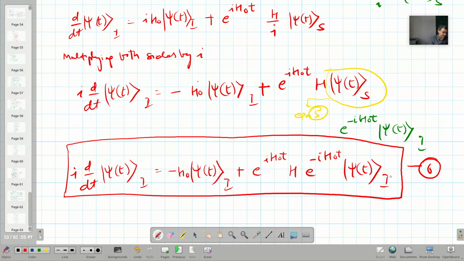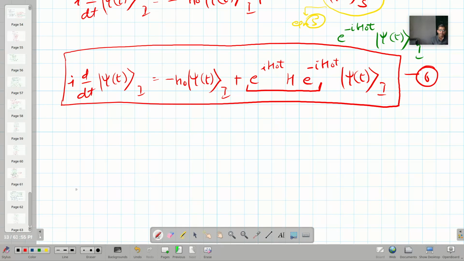So for this, keeping this term in mind, let us define that h naught I t is equal to e raised to power iota h naught t, h naught e raised to power minus iota h naught t, and this is equal to h naught.